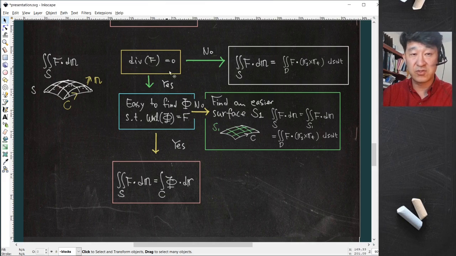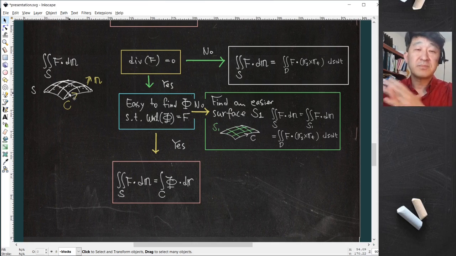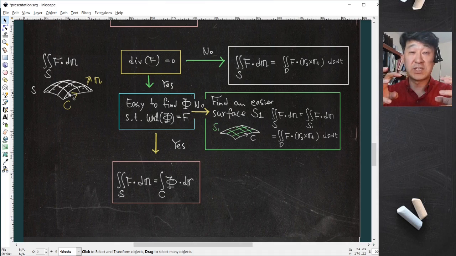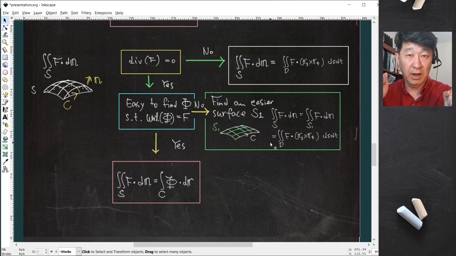Only if your divergence is 0 in the region that's surrounding this surface. Or if you have to use that one, actually, in between this S1 and S, whatever is in between there has to be all defined. Otherwise, because it uses the divergence theorem, it requires that between S and S1 there shouldn't be anything undefined.